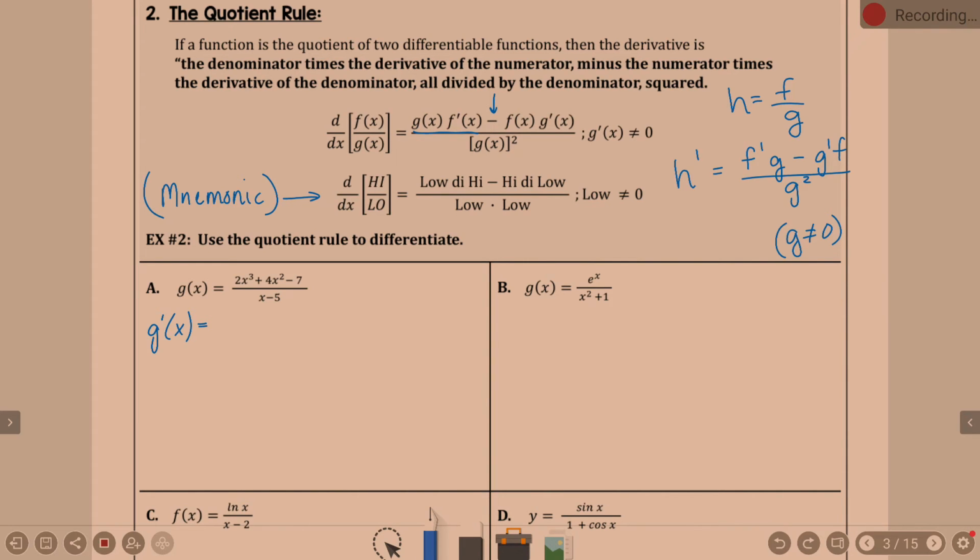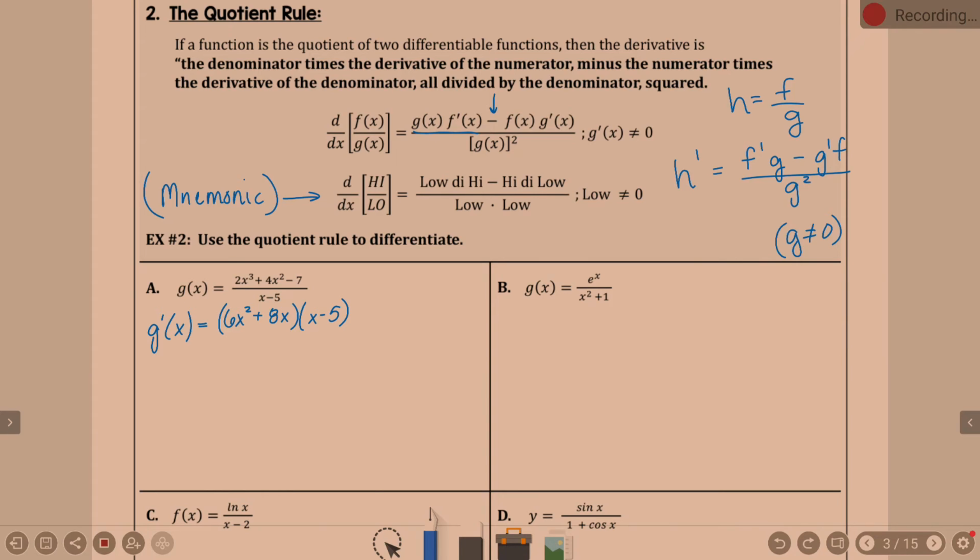Derivative of the numerator. Derivative of 2x cubed plus 4x squared minus 7. What you guys got there? Okay. 6x squared plus 8x, that's derivative of the top, times the bottom.